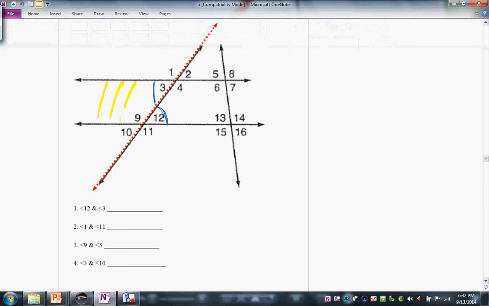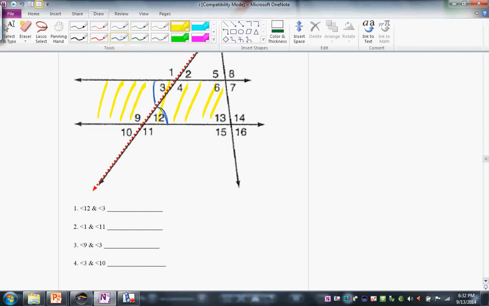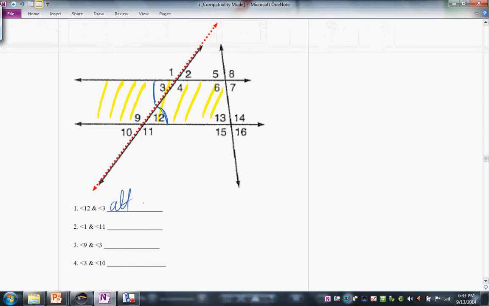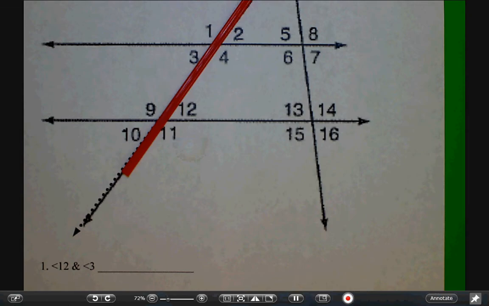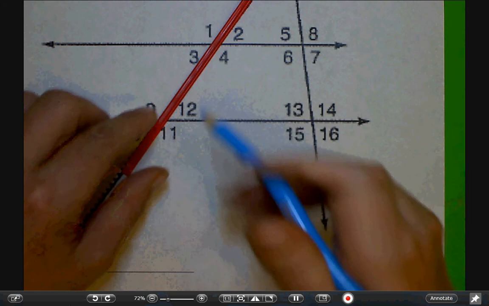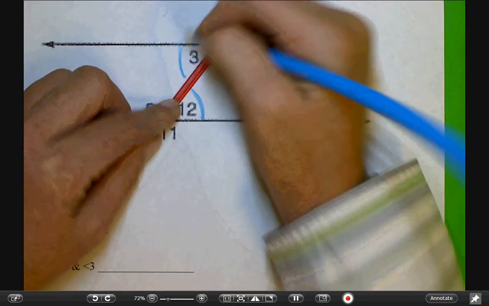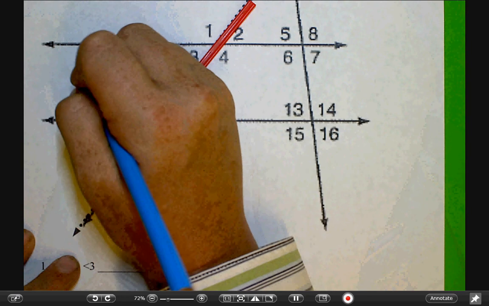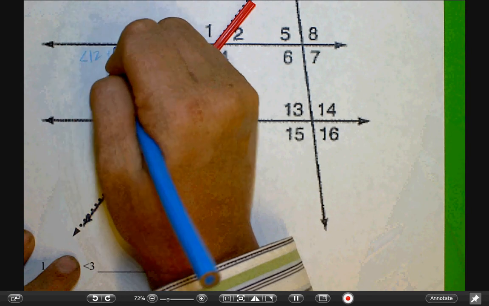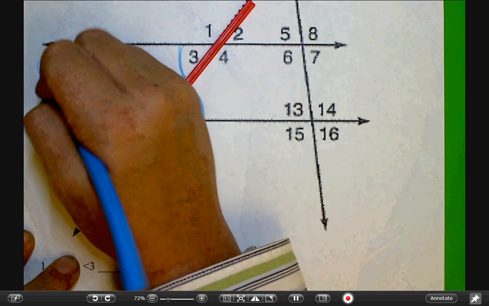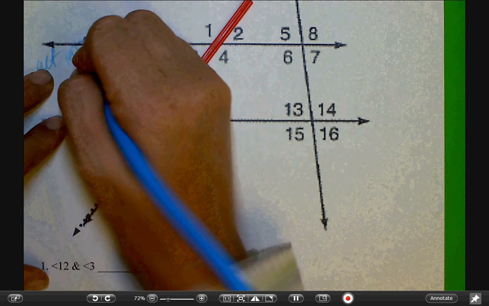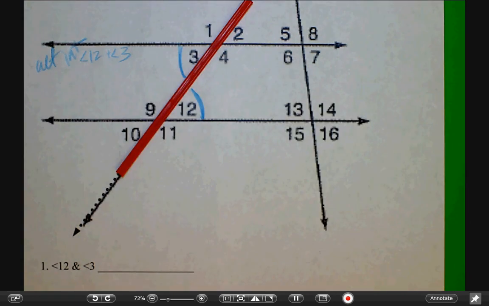Our between the lines are now this way, because that's the lines being cut across. So that would be alternate interior. Angle 12 and angle 3 are alternate interior.